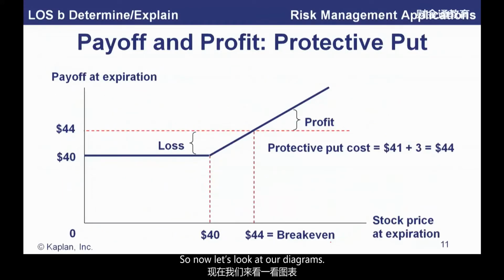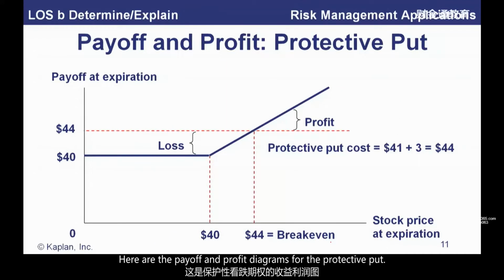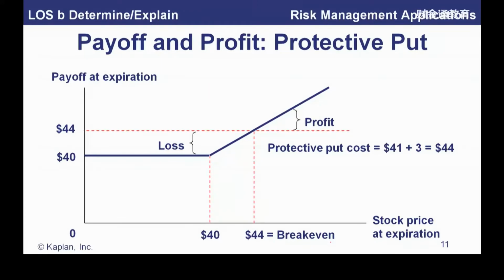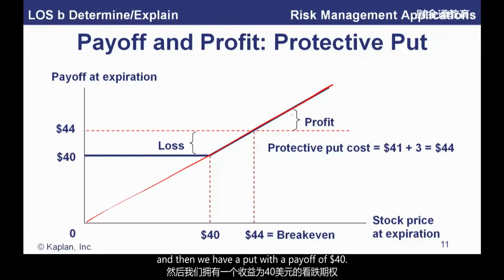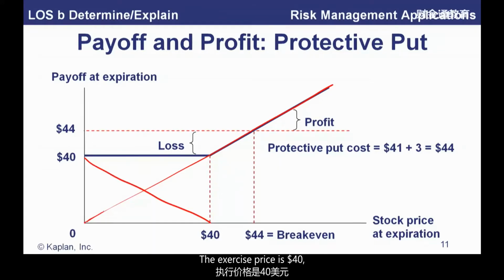So now let's look at our diagrams. Here are our payoff and profit diagrams for the protective put. Okay. Start with a stock like this, and then we have a put with a payoff of 40, an exercise price of 40.